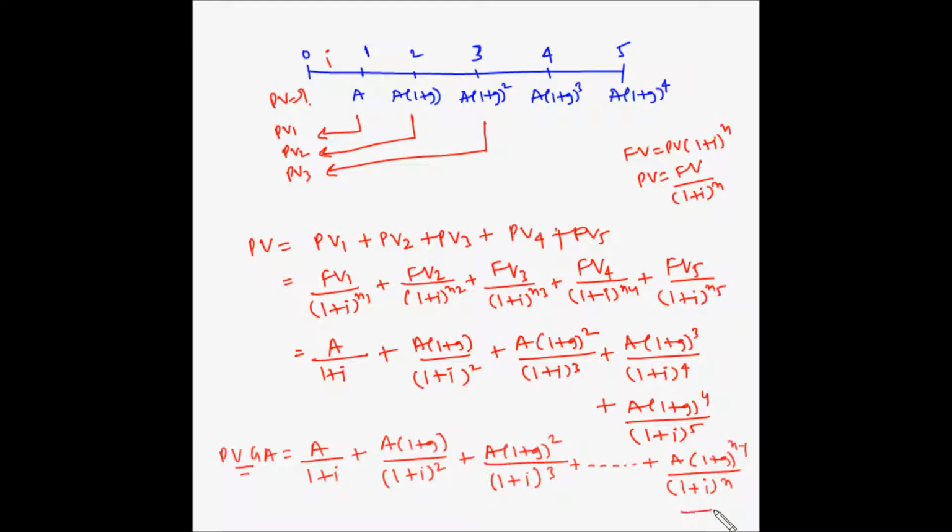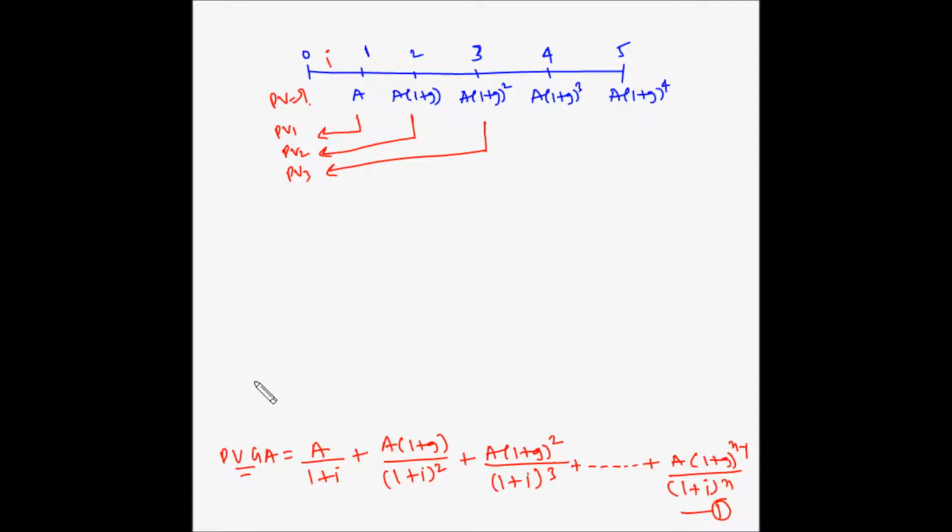So let's say that this is 1. So now in this formula, let's multiply both sides by 1 plus g divided by 1 plus i. So then we'll get present value of growing annuity into 1 plus g divided by 1 plus i is equal to, now each of these terms will be multiplied by this.